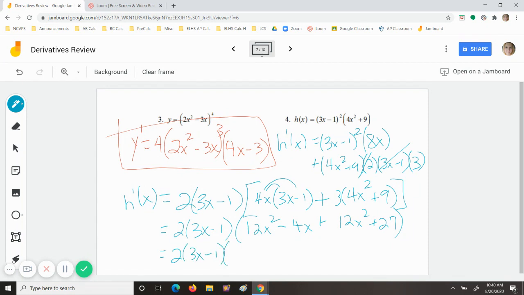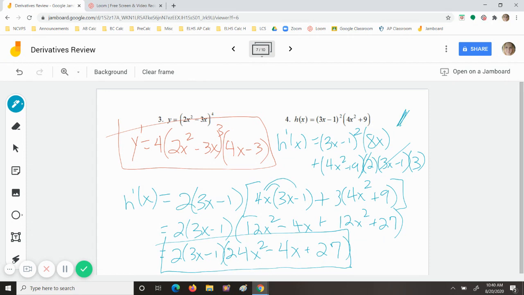Combine our like terms. 12x squared plus 12x squared gives us 24x squared minus 4x plus 27. Okay, and now that would be simplifying down beyond that first step. If we were finding, say, again, a tangent line and all we needed was the slope at a specific value, we could have substituted in here at this first step.